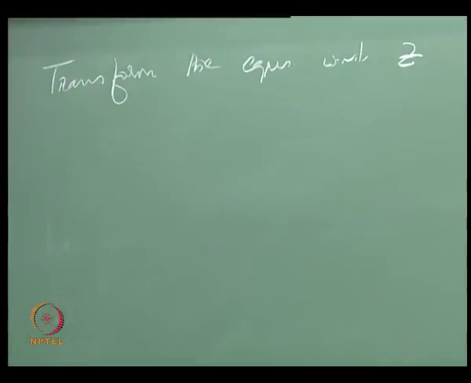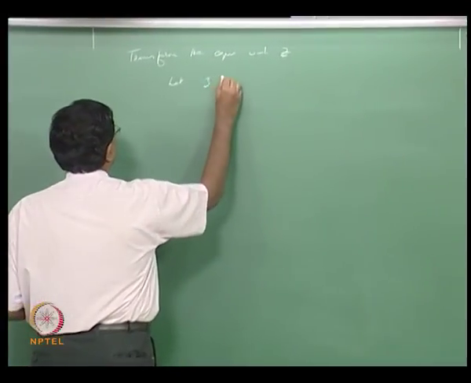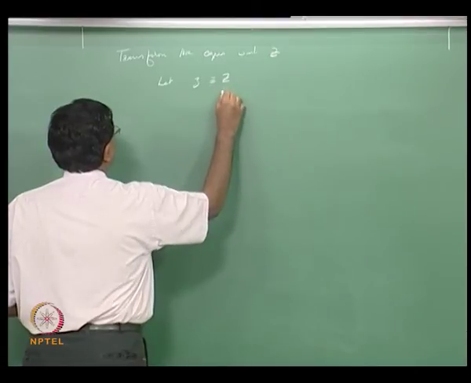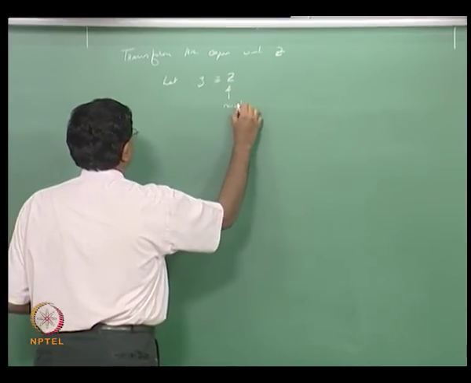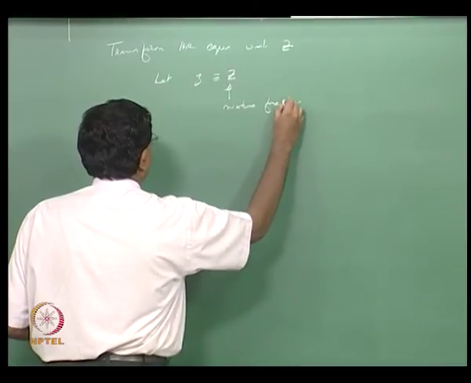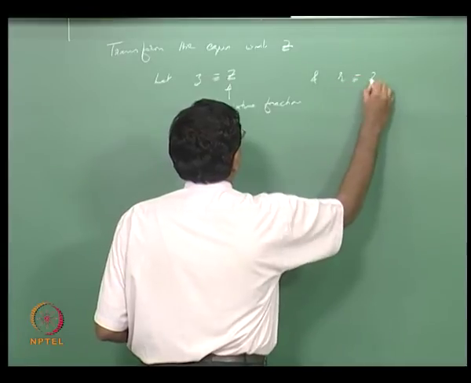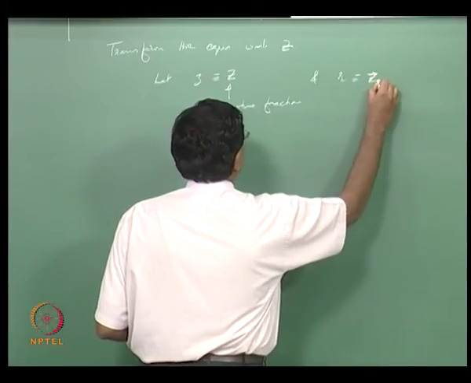That means we could say let one of the variables, let's say z here, equal to z, which is the mixture fraction, and let's say r is equal to z1.